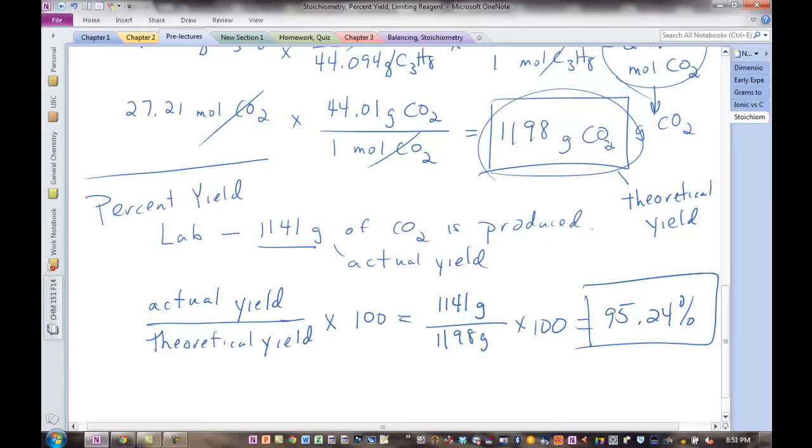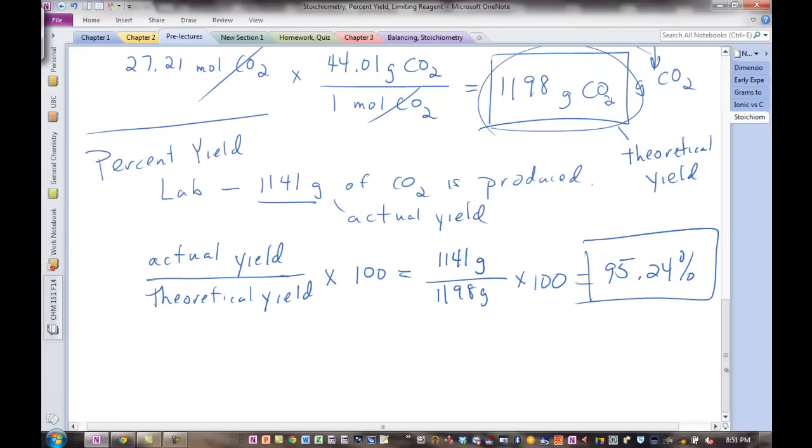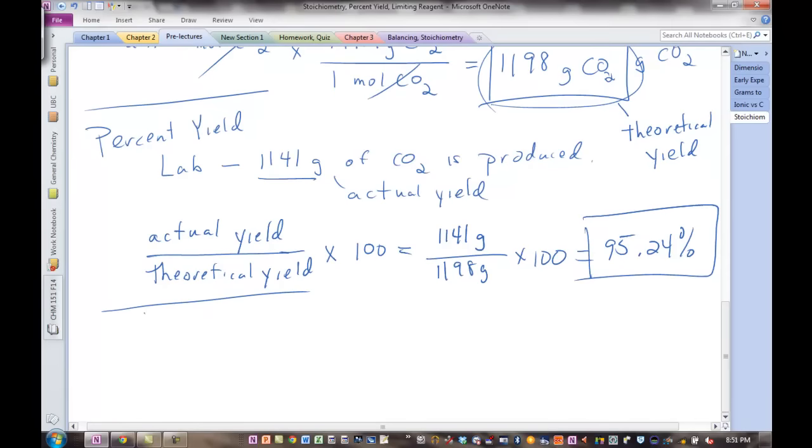Okay, last thing for the pre-lecture. Let's talk a little bit about limiting reagent. Let me go back to the propane example. Let's write out a reaction of propane.